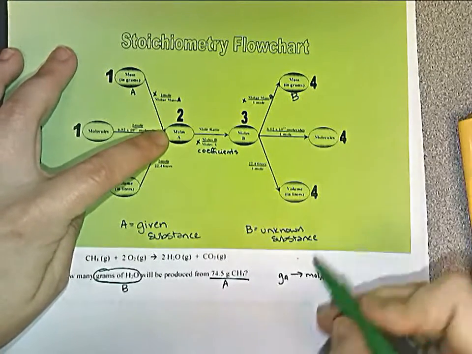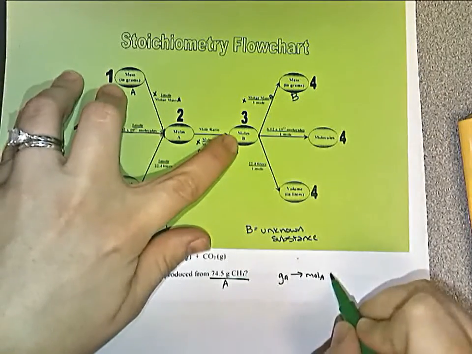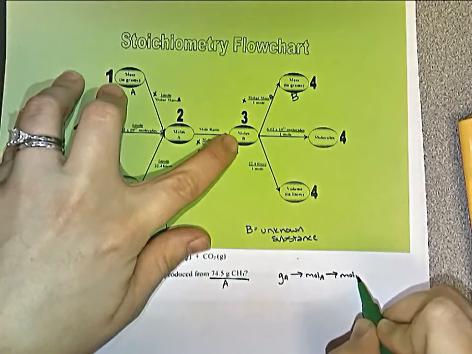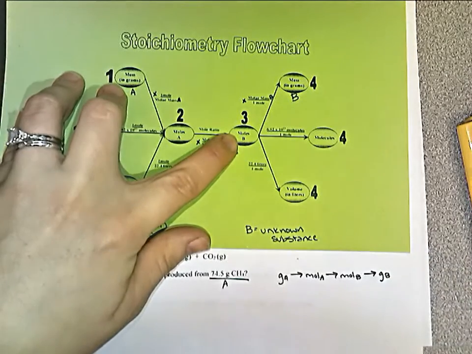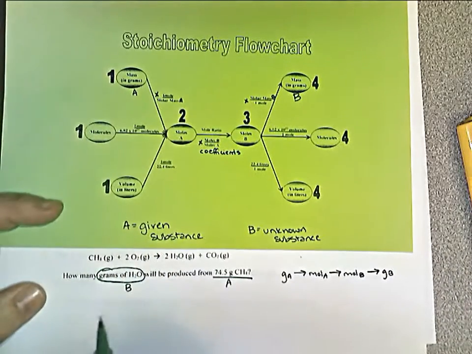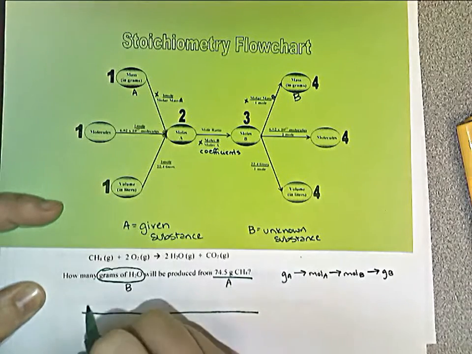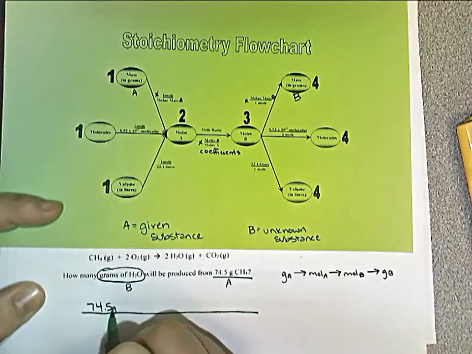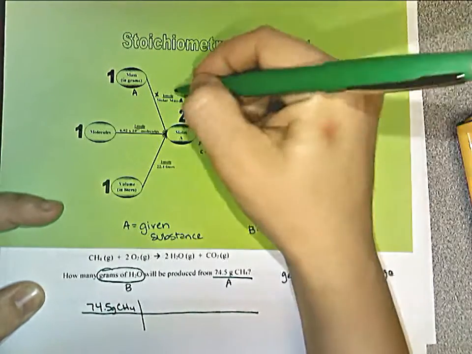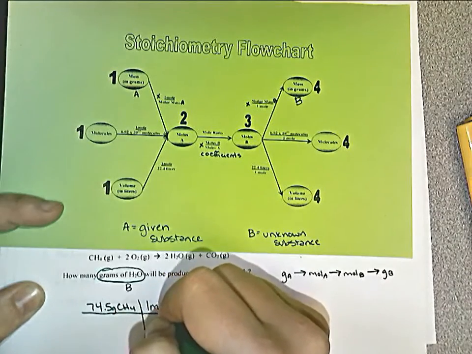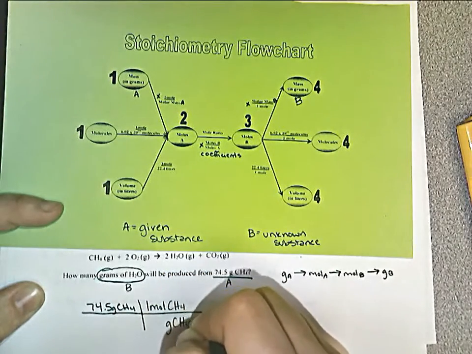So I'm at moles of A. I've got to get all the way to grams of B. So I'm going to go to moles of B. This is as hard as it gets, guys. Just stick with me. To grams of B. Alright. So, grams of A. Now, you can use the cheats, the 1 mole of A over the molar mass.